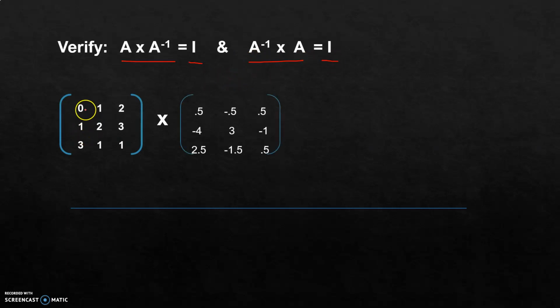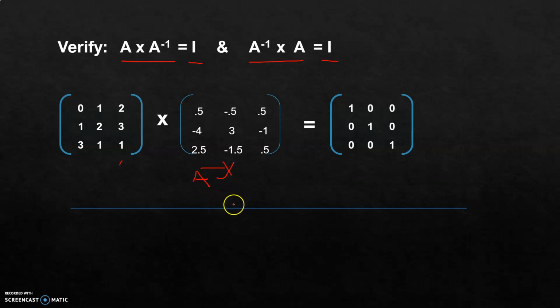This is the matrix A. This is the inverse of A, which we just calculated. If you multiply both, the answer must be the identity. Then only can we say this one is the inverse of A. You can prove it by multiplying both these given matrices. As we get the identity, we can say the second matrix is the inverse of A, or A raised to minus 1. Okay, thank you all.